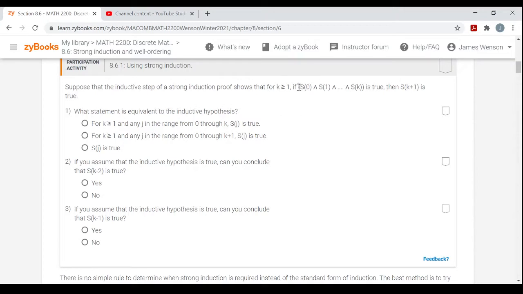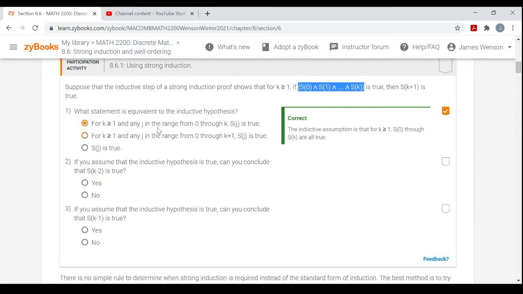What you're assuming is that the statement is true for every integer up to k, and then you're going to show that it's true for k plus 1. So, for k greater than or equal to 1, and any j in the range from 0 through k, S of j is true. That's what you're going to assume.